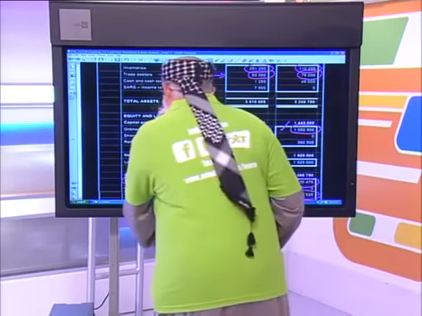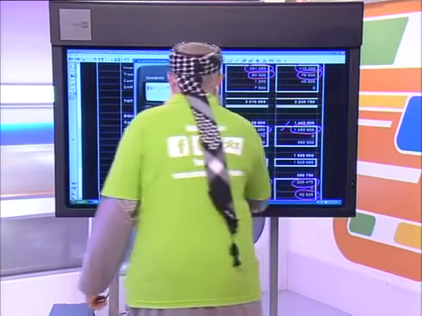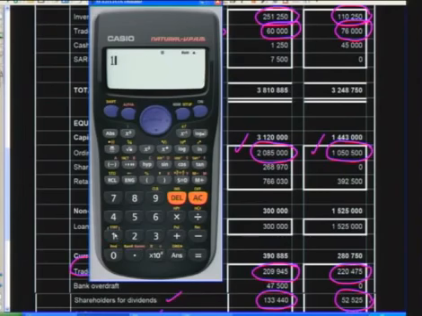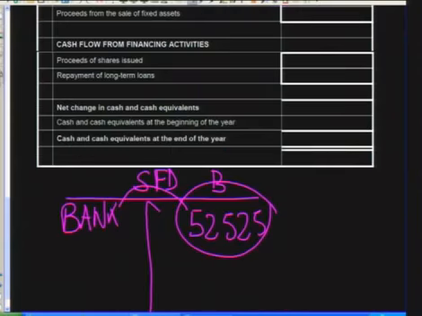So I take the figure 1,050,500 divided by 5, which was the par value of my shares, and immediately I get a figure of 210,100. What do I do with that figure? I multiply that figure by 4 because that was my interim dividend of 40 cents, to give me a figure of 84,040.